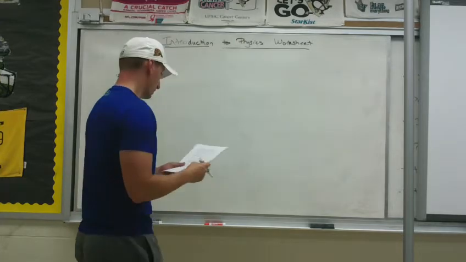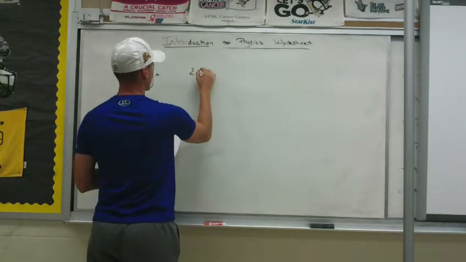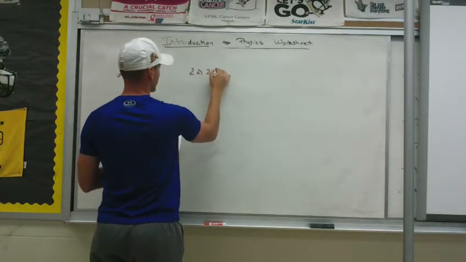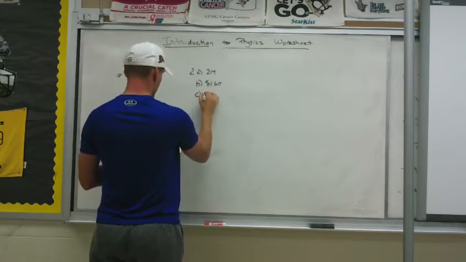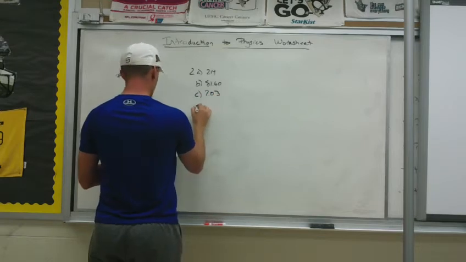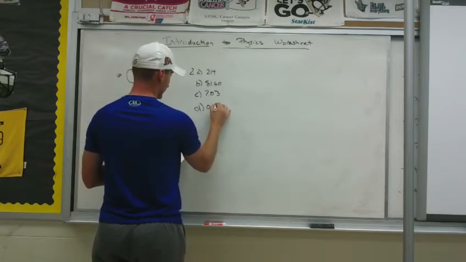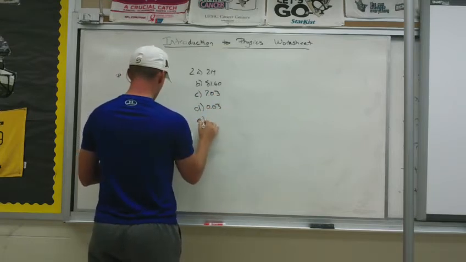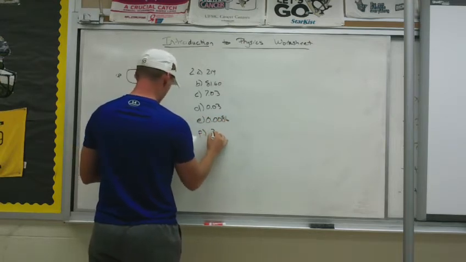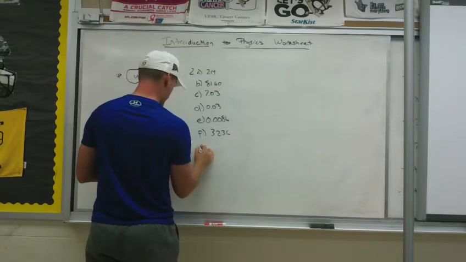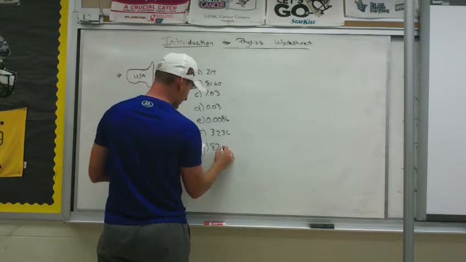So here we go. Number 2: A is 214, B 81.60, C 7.03, D 0.03, E 0.0086, F 3236, G 8700.